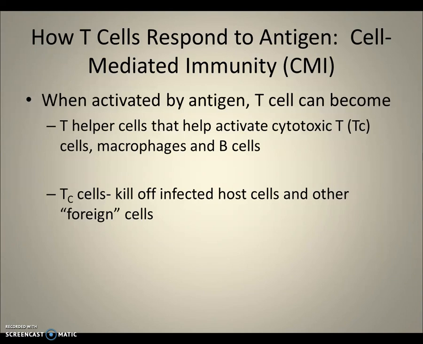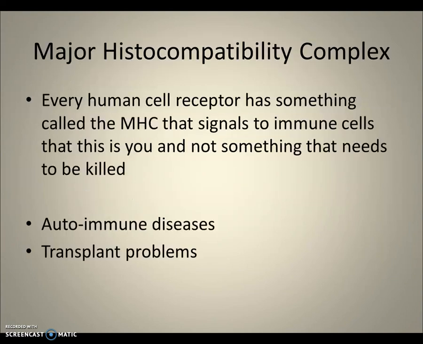Remember that we've said there's a lot of intercommunication through cytokines and chemokines between all sorts of immune cells. In a later slide, I'll show some specific details or an example of what a T helper cell might do. Keep in mind the specificity is all based on the major histocompatibility complex.